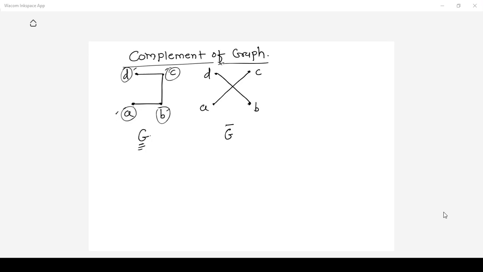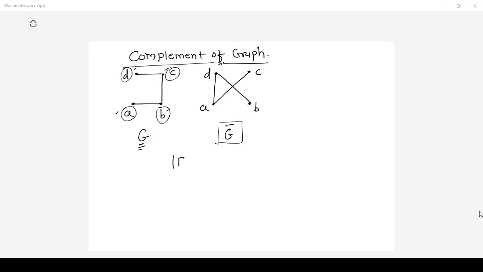So we should add the edge B to D or D to B. And now again vertices A and D are also not adjacent, so I should have an edge between A to D. So this is the complement of the given graph G.